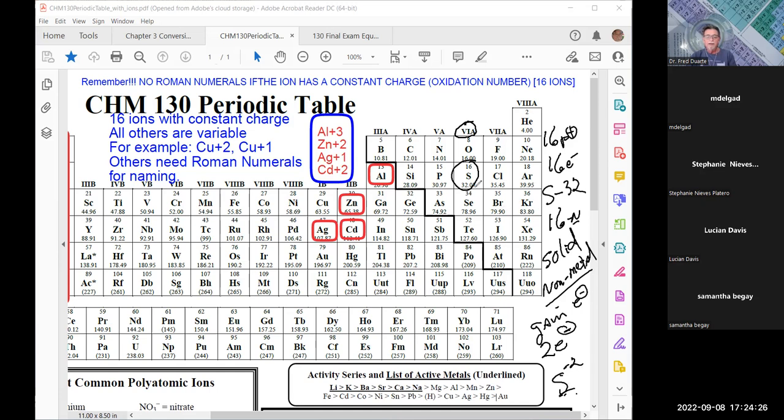Now, finally, of the 16 electrons that sulfur has, and given that these electrons are in layers, energy layers, can anybody tell me how many of those 16 electrons are on the outermost layer? In fact, everybody in that same group would have the same number of electrons in the outermost layer.